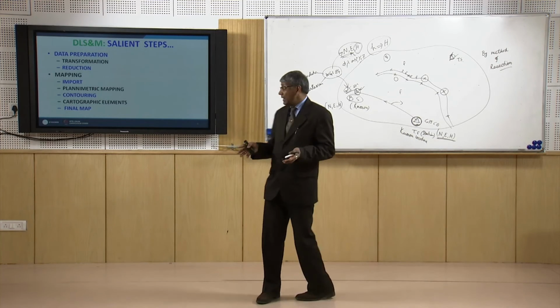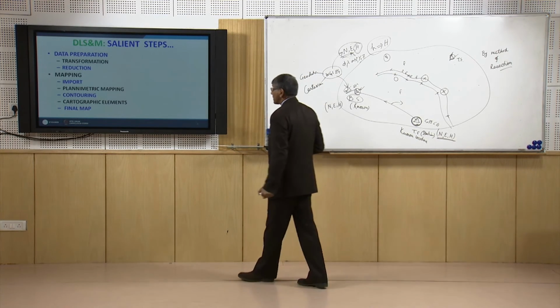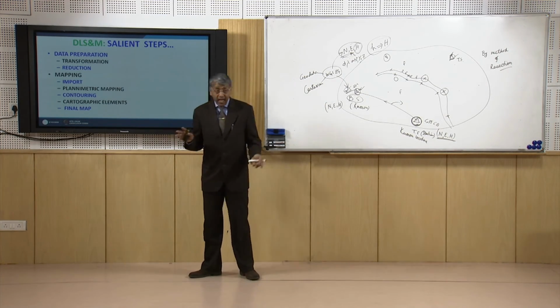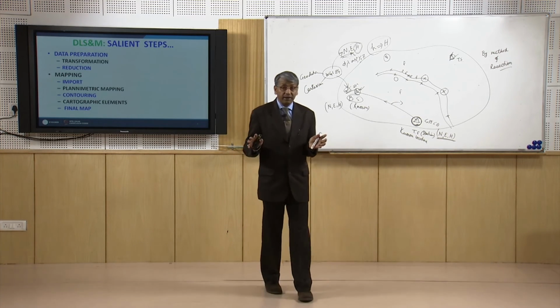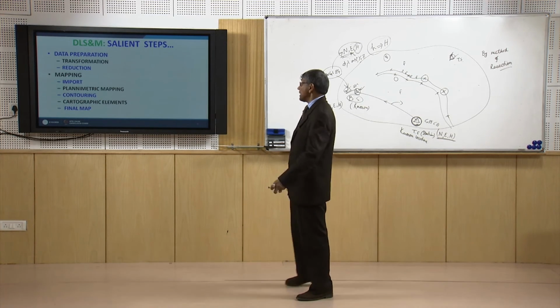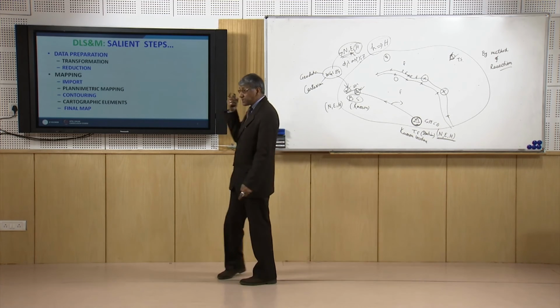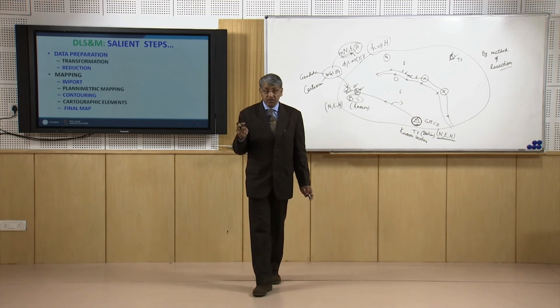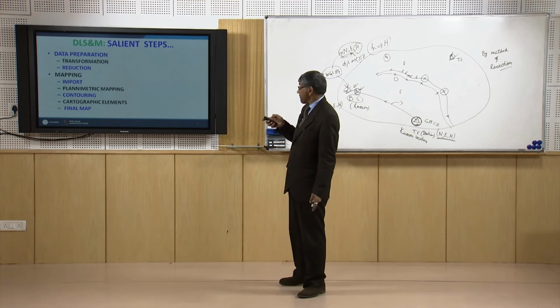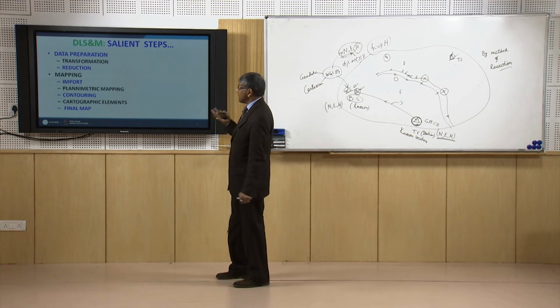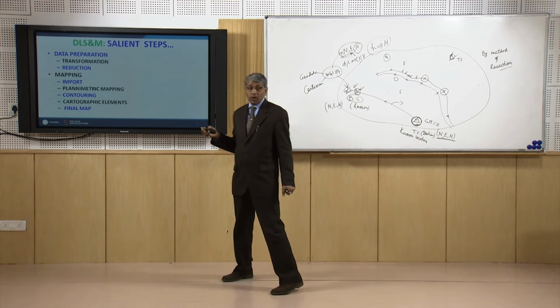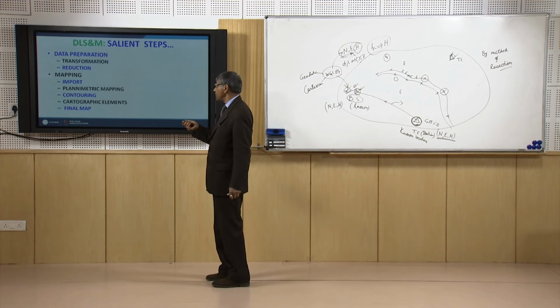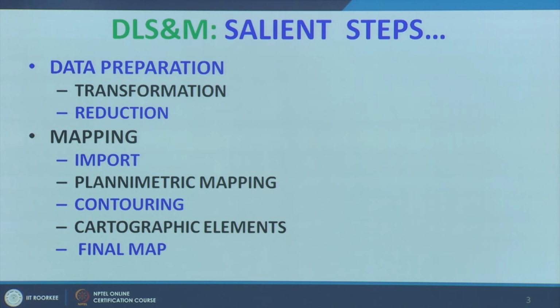Now to the mapping, as I have already discussed, there are different types of mapping software, and each software has its own advantages and disadvantages. Depending upon our specification, the specification of mapping is also important. As per the need of our map specification, we have to decide which software we will be using.